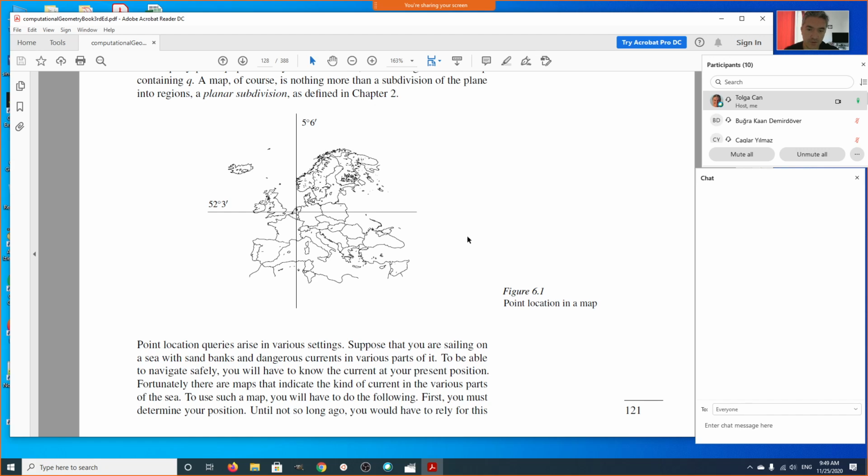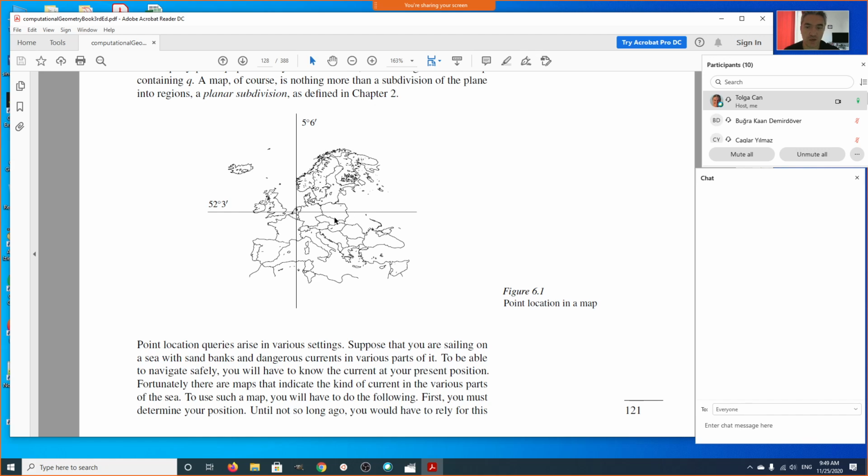In the first algorithm that we're going to describe, which doesn't use a complicated data structure, we just use a binary search tree first on the x coordinates of the endpoints. We first figure out between which vertical lines the point lies.